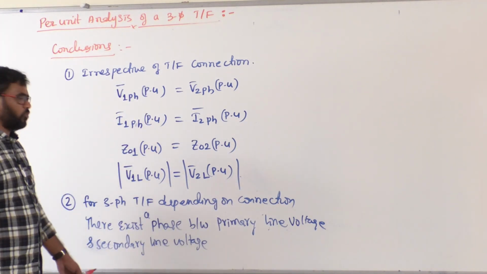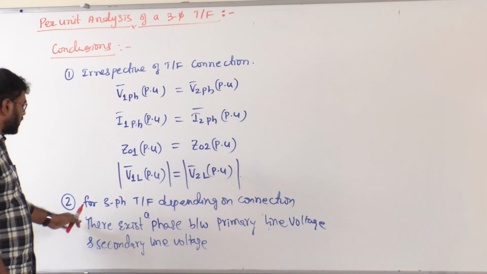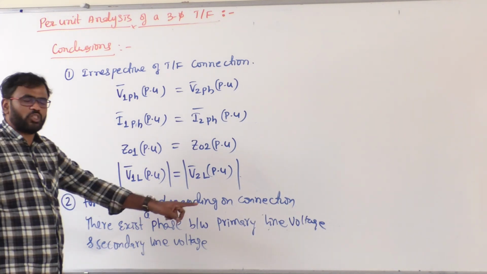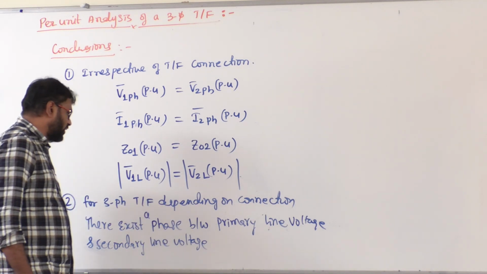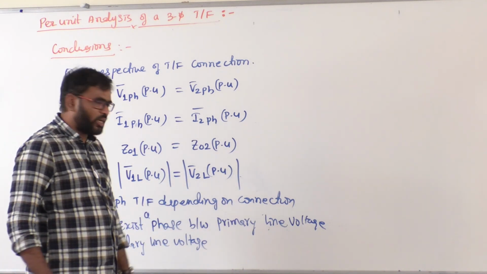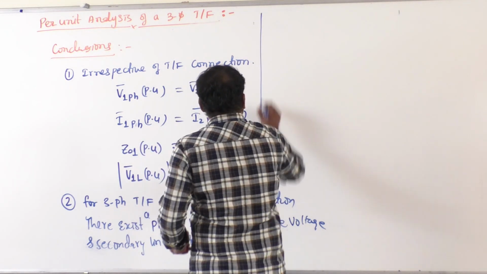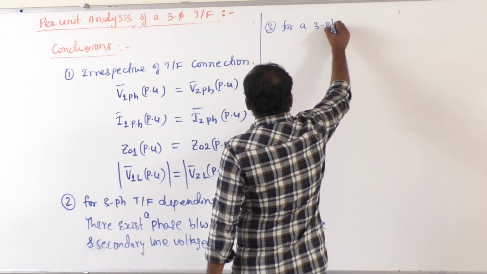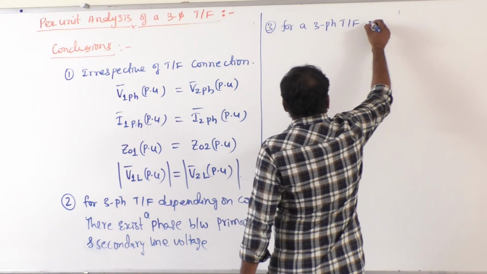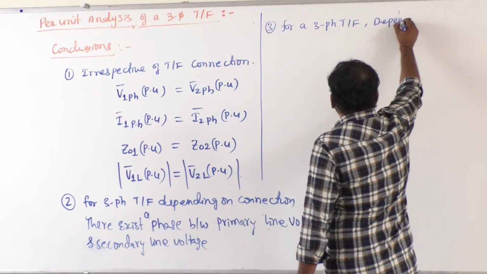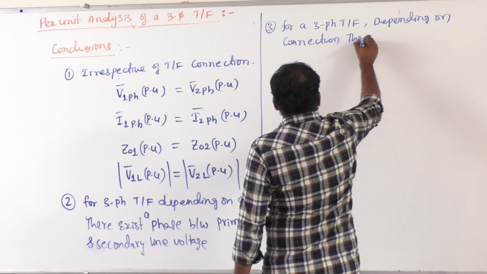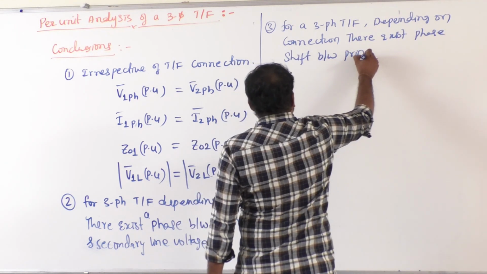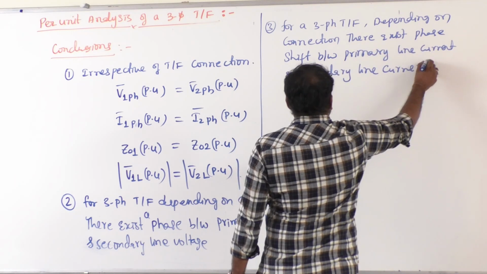And the same thing is true for current also. The third conclusion is, for a 3-phase transformer, depending on the connection, there exists a phase shift between primary line current and secondary line current. Okay? Clear, sir? The third conclusion, same copy paste: for a 3-phase transformer, depending on the connection, there exists a phase shift between primary line current and secondary line current.